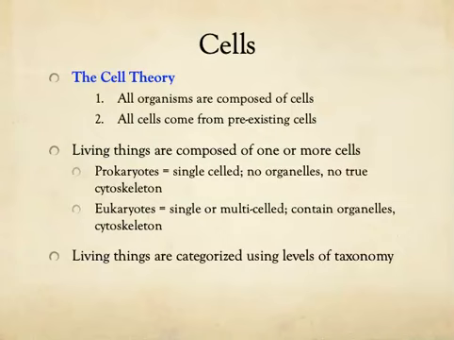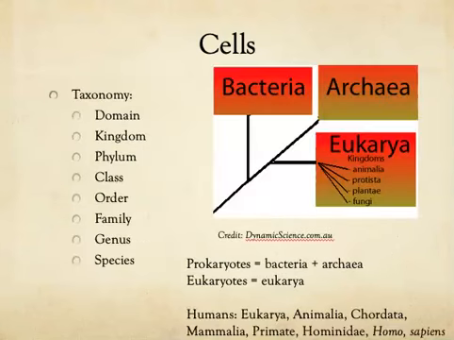Now, the terms prokaryote and eukaryote are certainly not the only terms we use to categorize living things. We also categorize living things based upon levels of taxonomy, and you've probably heard of these before. The most broad grouping in taxonomy is what we call the domain.